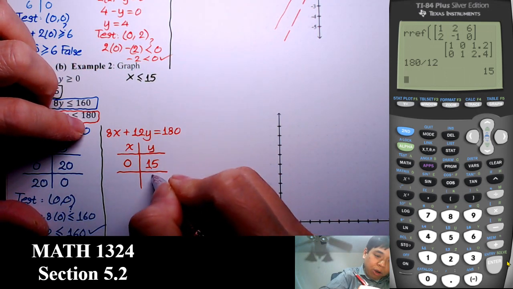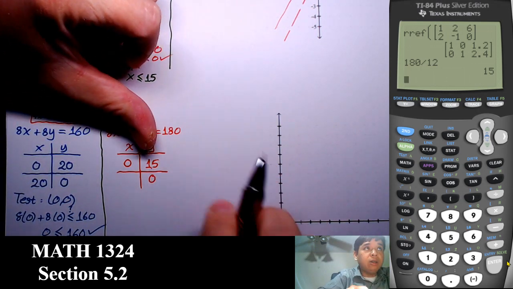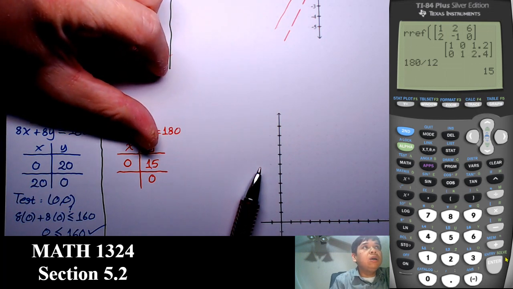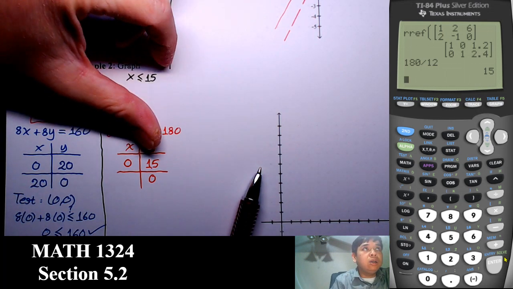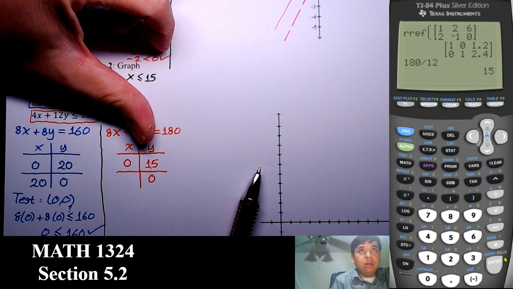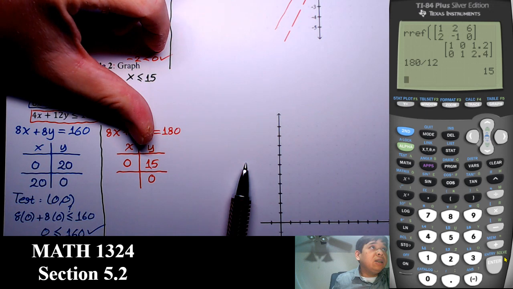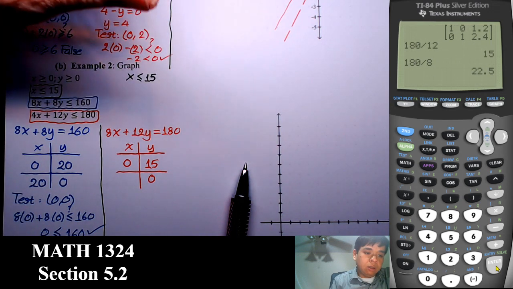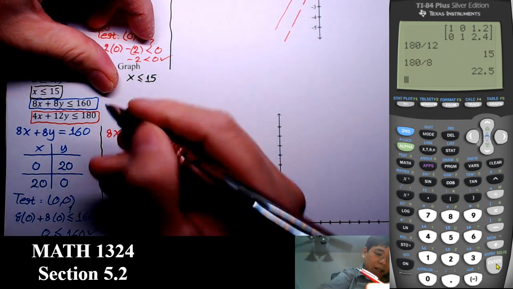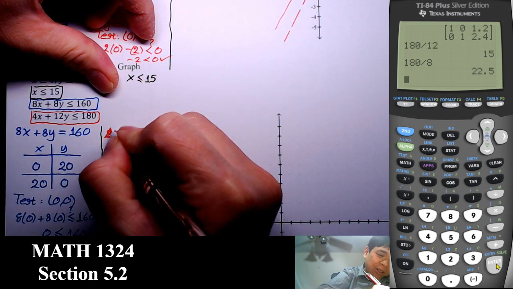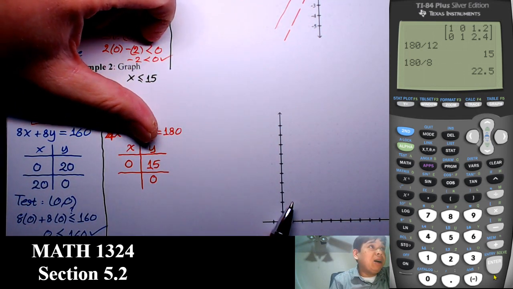And then now we choose y to be equal to 0. Then 180 divided by 8. I don't know why I tried 8. Sorry. Yeah, that's much better. 180 divided by 4.